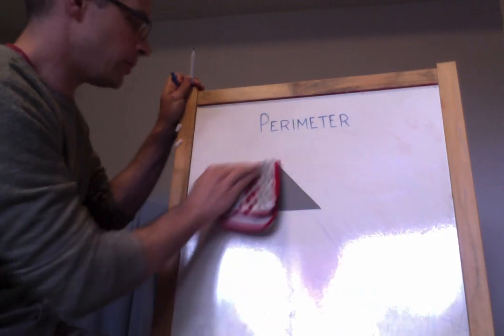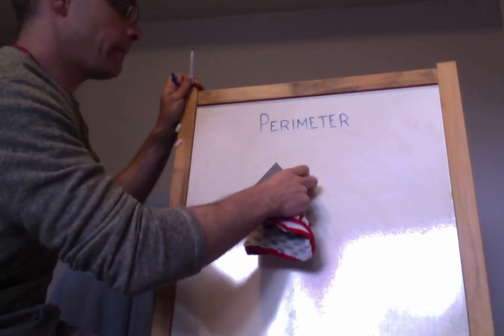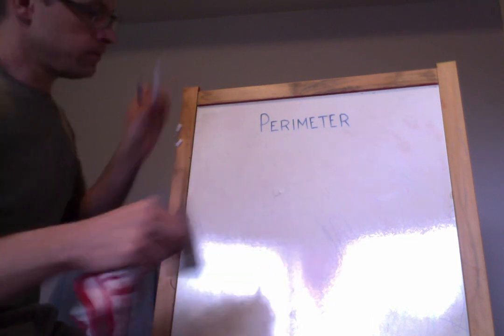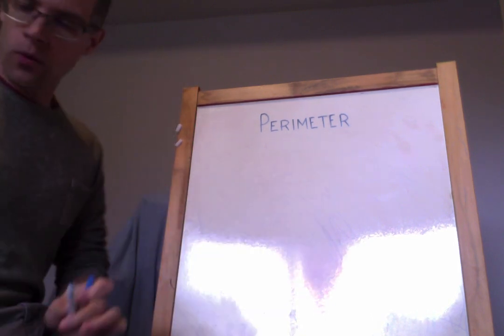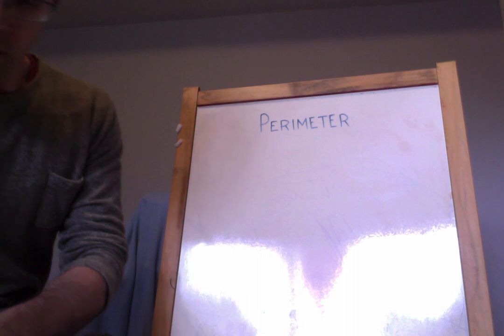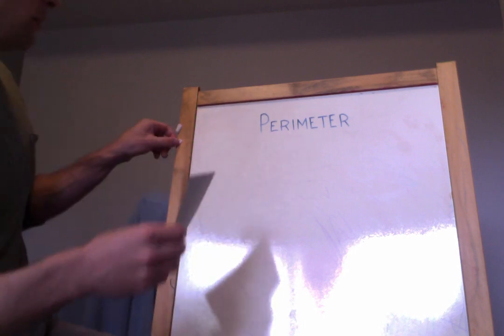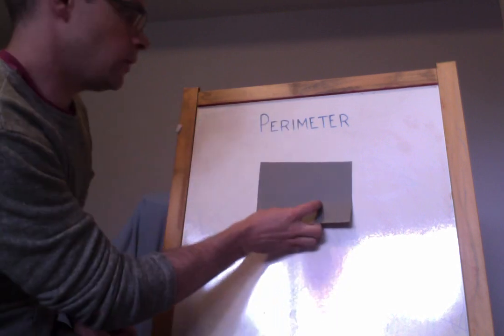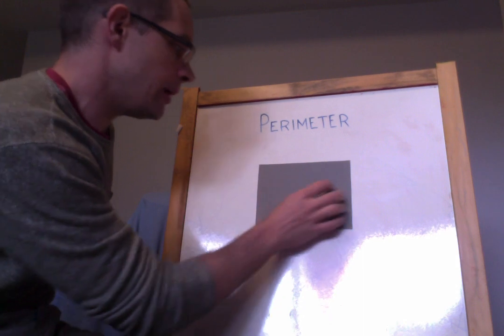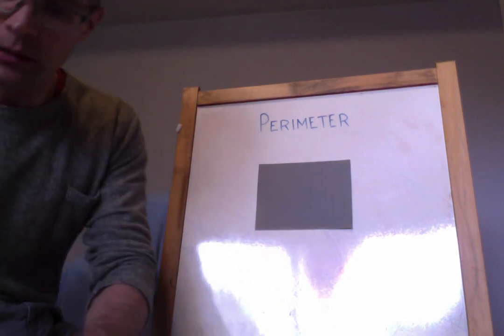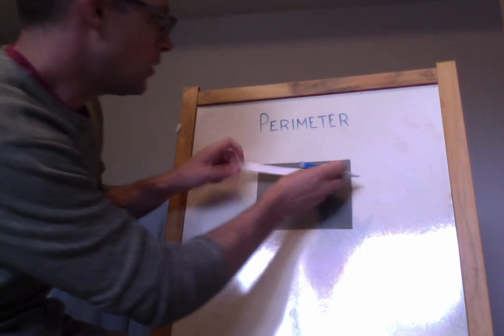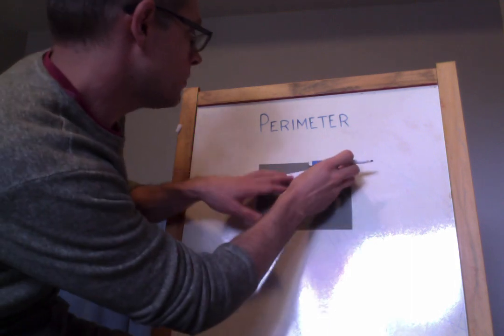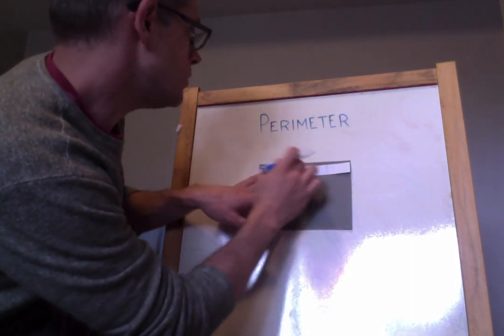Let's try another one together. We'll use a different shape. I've got a quadrilateral here that we'll work with next, a little bit bigger than our triangle. Let's measure the sides first. I'll start with the top. I've got 1, 2, 3, 4.